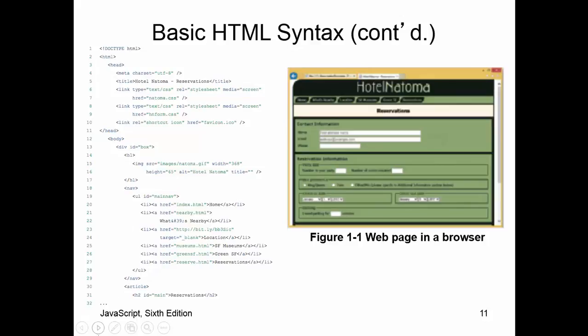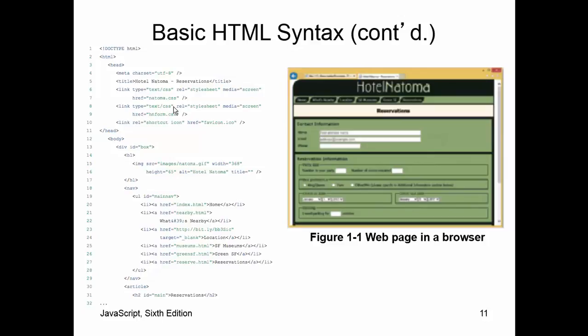Down here, way down at the bottom someplace would be the ending HTML tag. Then you've got your head section. All the stuff that's in this head section will not appear directly on the web page. It's used to put a title in there, and that title is what you see on the bar up here. All right. It links together two CSS files, and those two CSS files are used.